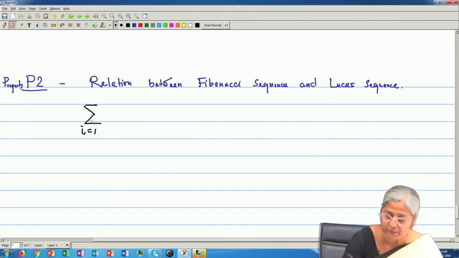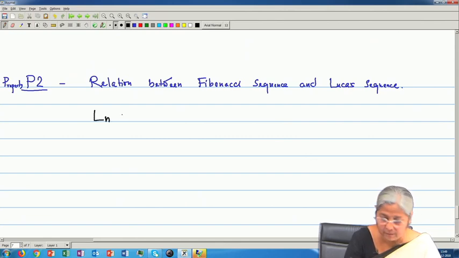I take a simple property that I can write the nth term of the Lucas sequence, L n, as f n minus 1 plus f n plus 1.